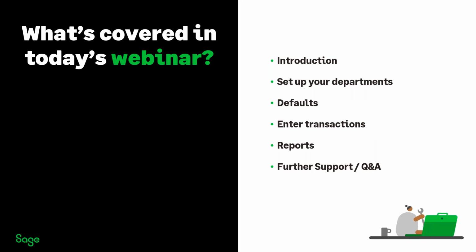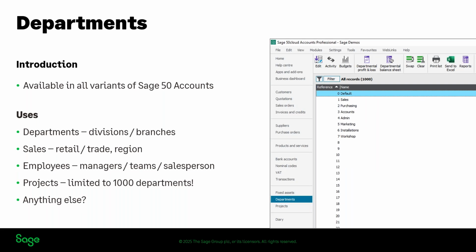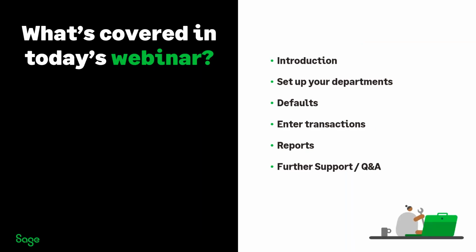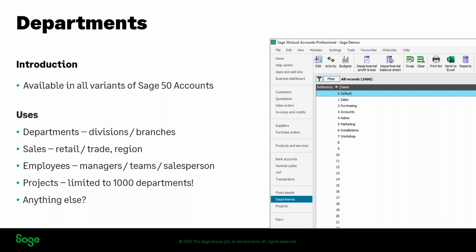Right, okay, so let's start with a little bit of an introduction then. So obviously for those of you that are using departments currently, just do bear with me while we cover it in a little bit of, I suppose, the basics before we get started. Right, so first of all, departments.